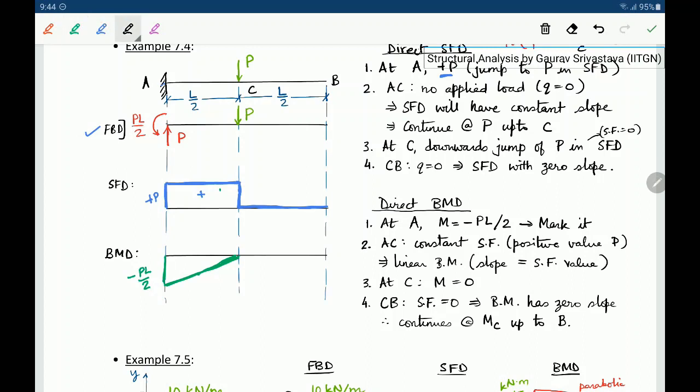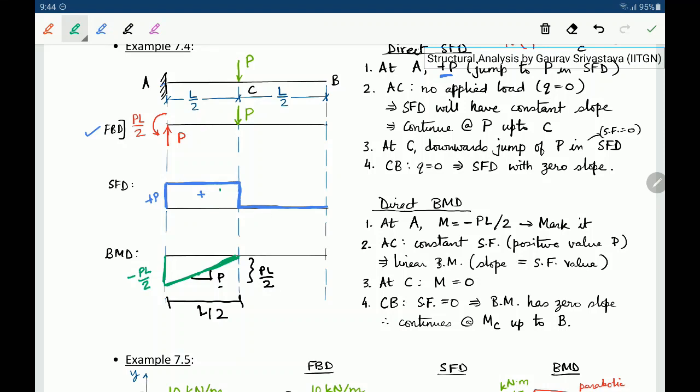Okay, and the slope also is known, so the slope is P. Okay, and you can easily calculate that if you go a distance of L by 2 with a slope of P, the vertical distance you will cover will be PL by 2. Okay, so since we started from minus PL by 2, we come to 0 for bending moment.